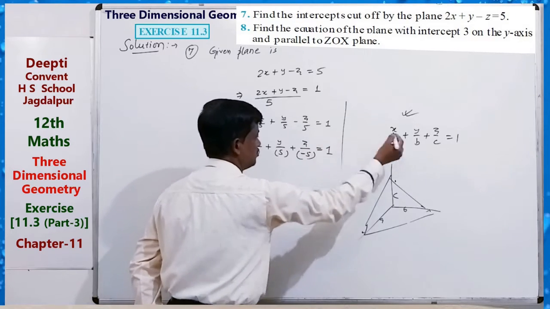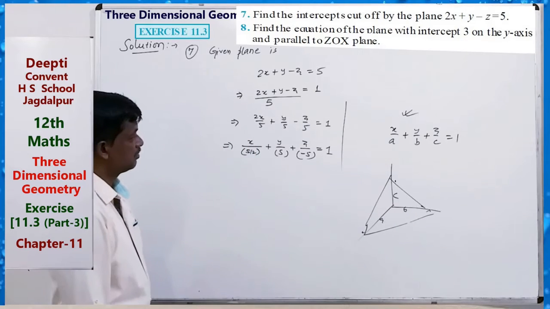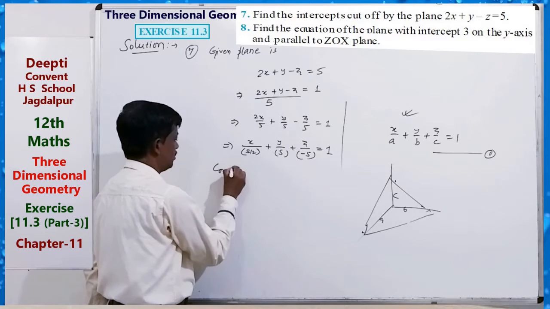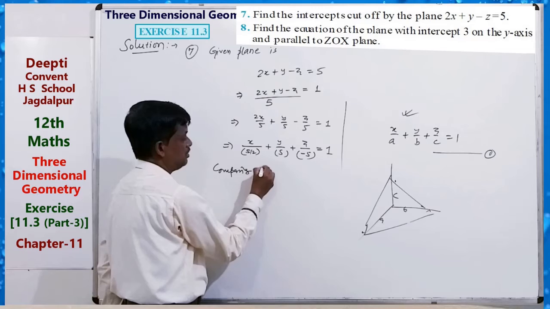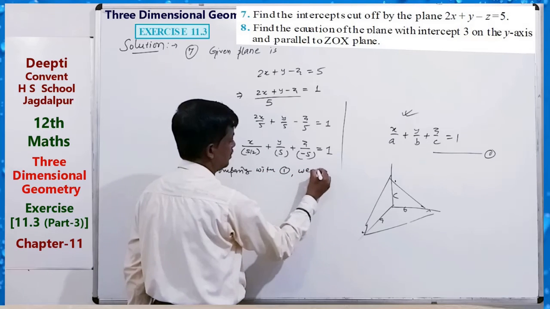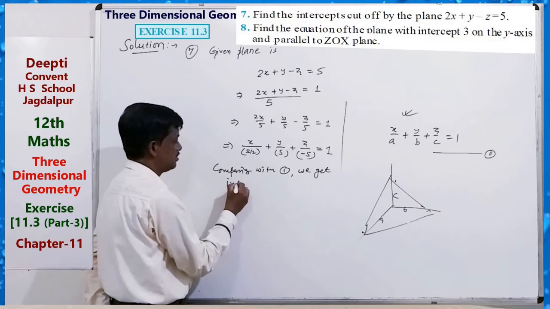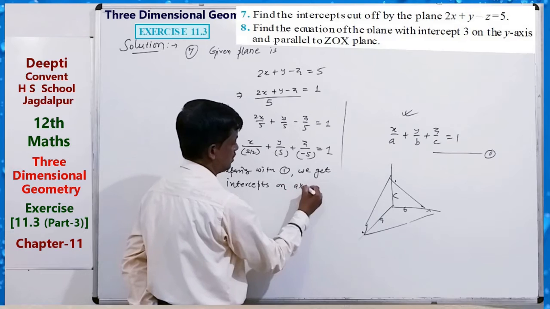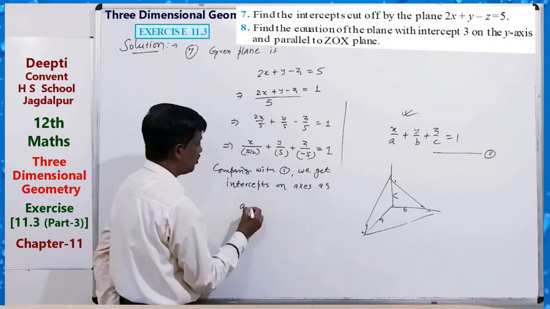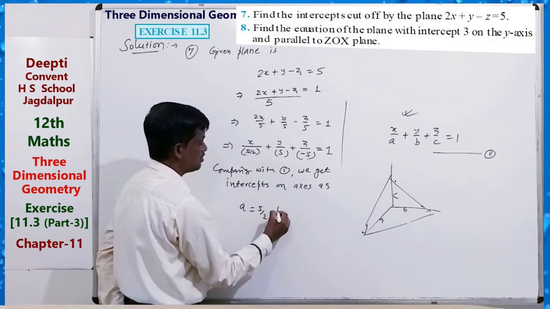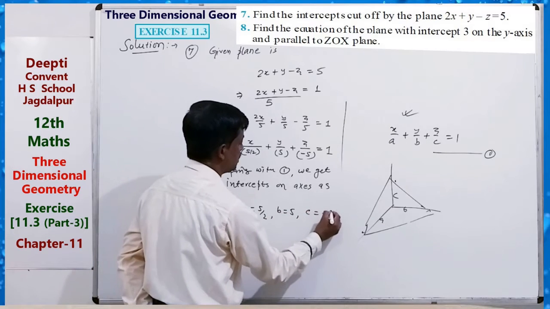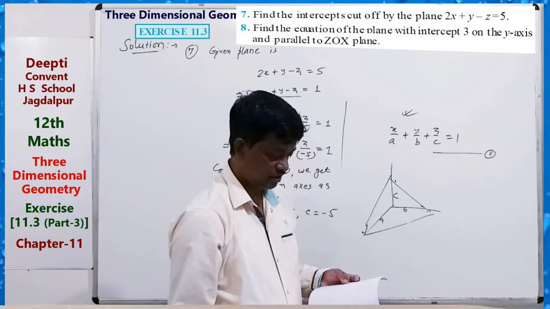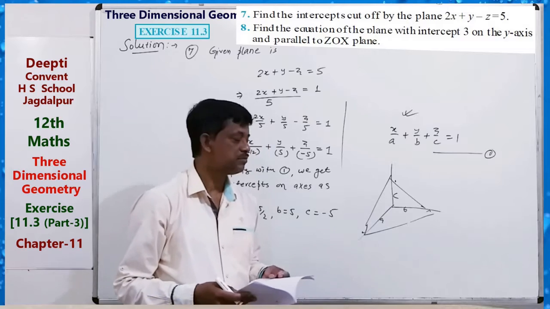Just compare these two with 1. Comparing with 1, we get intercepts on the axes as small a equals to 5 by 2, small b equals to 5, small c equals to minus 5. So these are the answers: 5 by 2, 5 and minus 5.